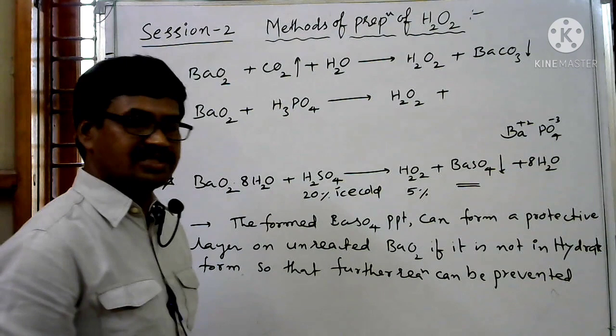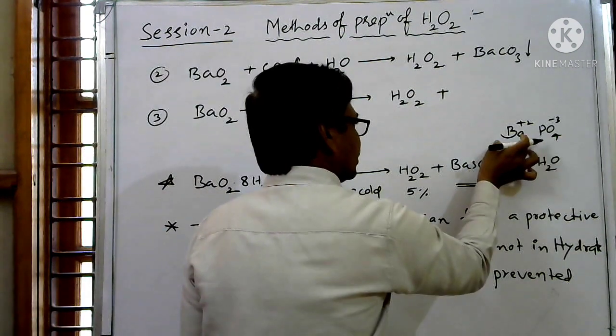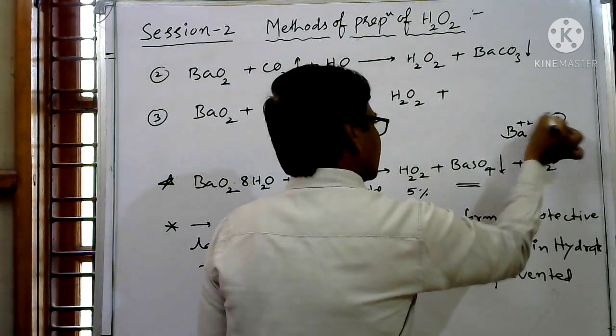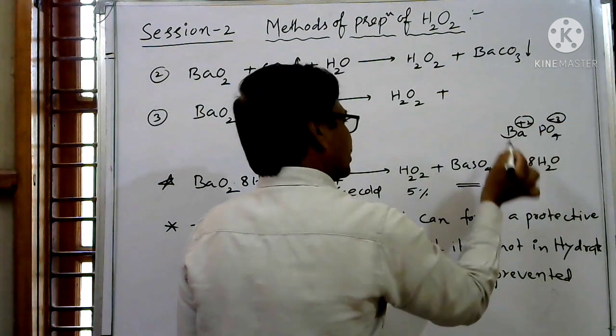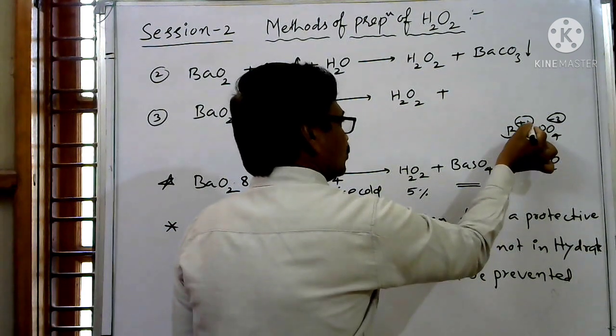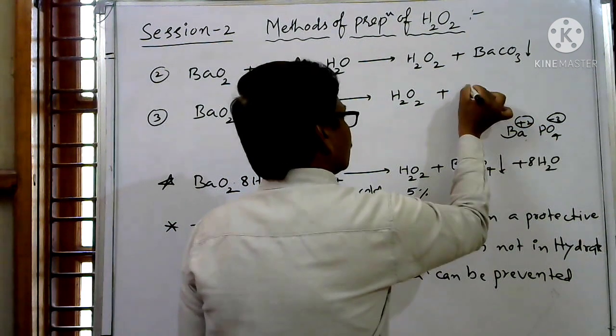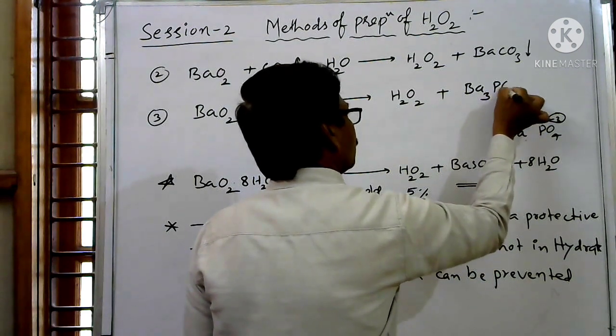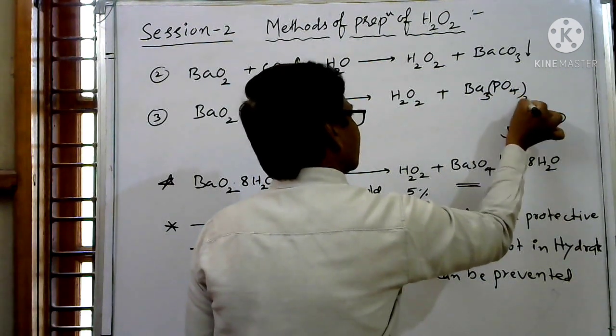So the combining capacities are 3 for barium and 2 for phosphate. If you take this cross method, you can get the barium phosphate formula. You write 3 below barium and 2 below phosphate, so that we can write Ba3(PO4)2.